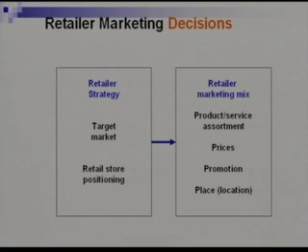They will try to position their store, and if they are a franchisee, then the positioning of the franchise will help do that for them. But for them, their product and service assortment is what really is their product. That really sort of helps define their marketing mix. They also think about prices and promotion and places their location.